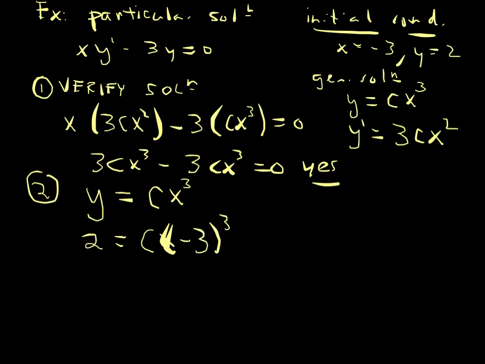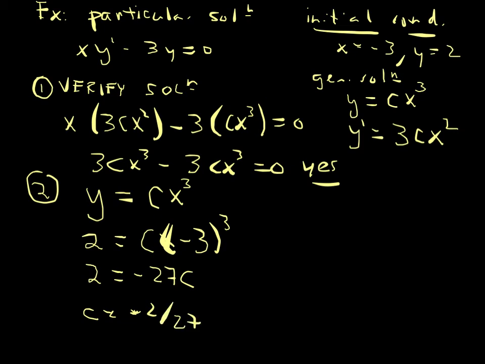That's the same thing as 2 equals minus 27c, and that means c equals minus 2 divided by 27, okay?